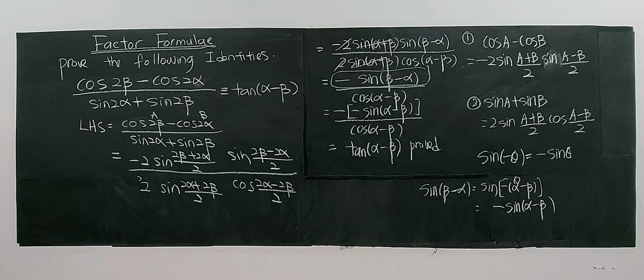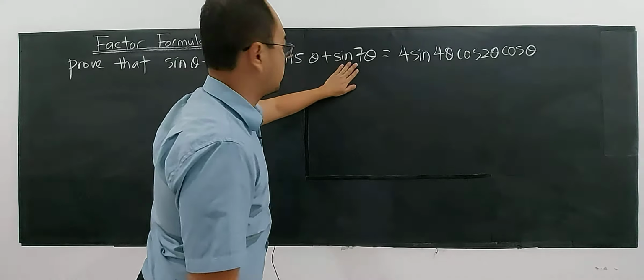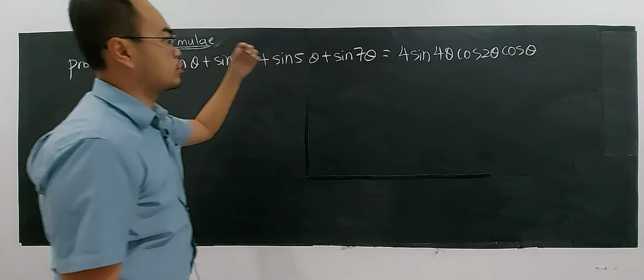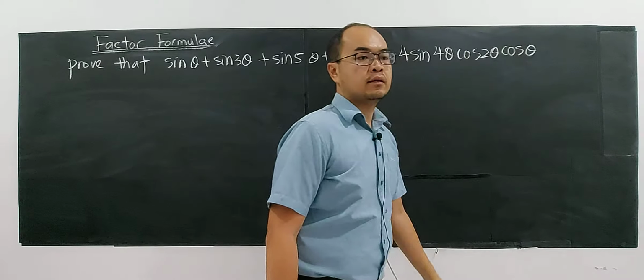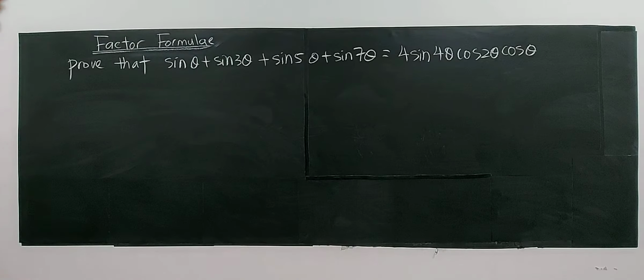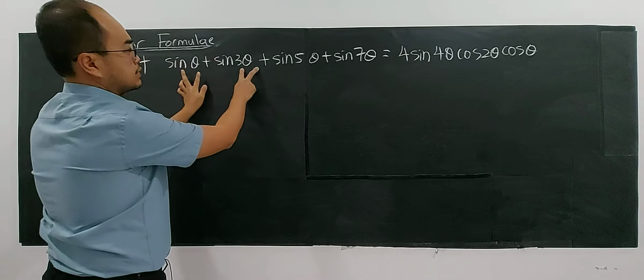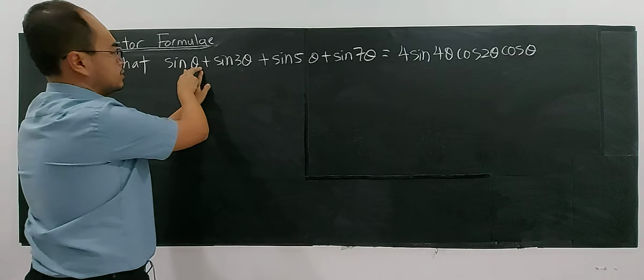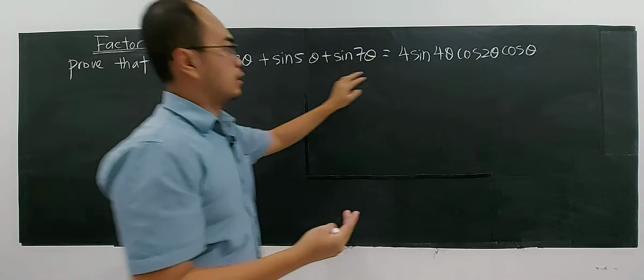So I will give you one more example. Let's continue with an example where you have multiple types of angle: theta, 3, 5, 7, and suddenly an even one, 2 theta. All have different angles. For this type of proving, you need the knowledge of factor formula. Looking at sin A plus sin B, if you take 3 plus theta and divide by 2, you have 2 theta here.